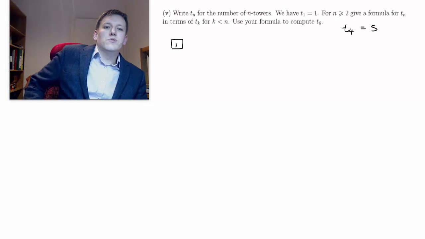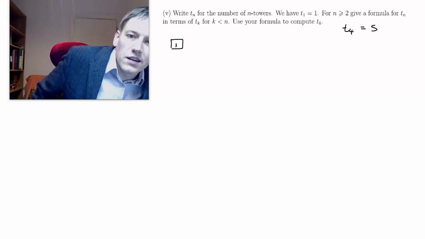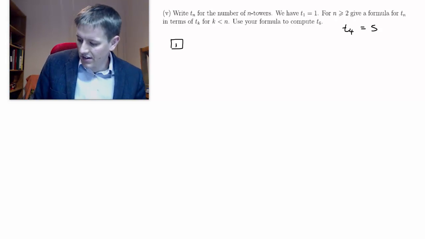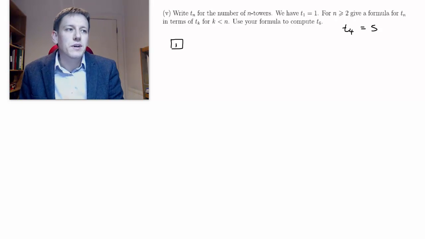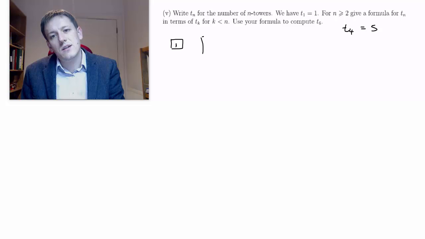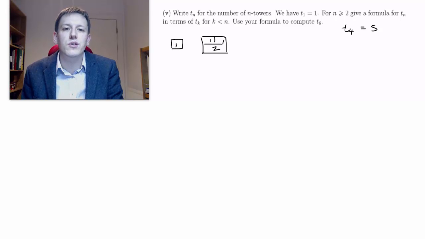But it says for n equals 2, give a formula for Tn in terms of Tk for k less than or equal to n. You might start playing around with this a little bit before you jump into a formula. I can think of 2 towers. Actually, there's only 1 2 tower as well, so I've also got that T2 is 1.